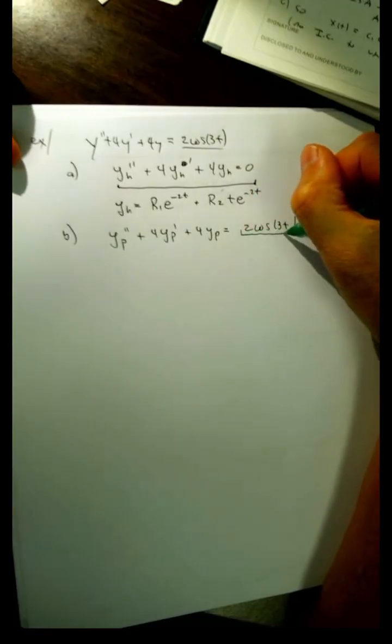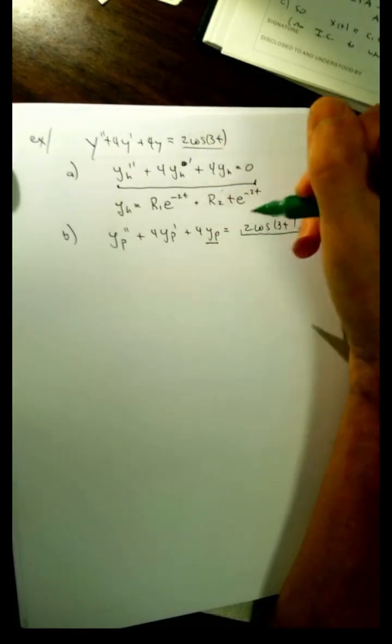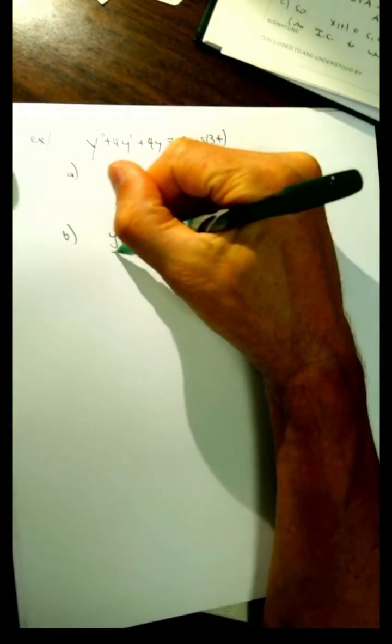Okay, so now I have to stop and reset and think about what do I have. I have a cosine looking thing on the right hand side. And how do I get a cosine? So I'm looking for a function that when I take derivatives, I'm going to get a cosine.